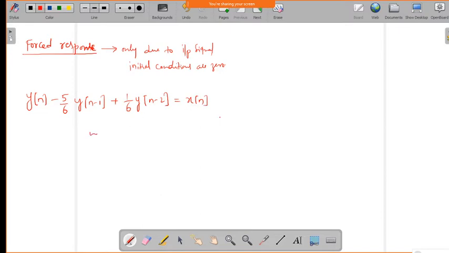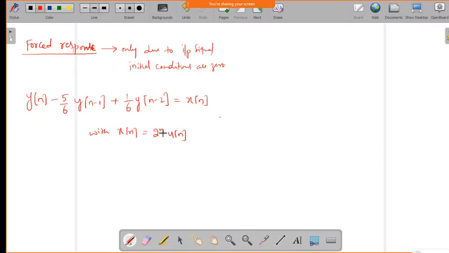With the input x of n equal to 2 power n into u of n. Now take this and try to do the problem.